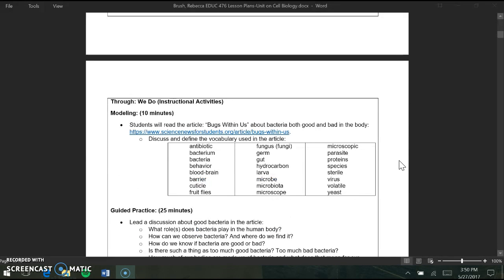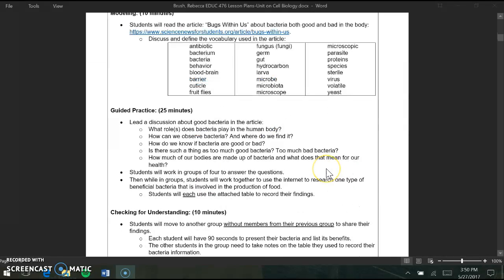Then we moved into the text. First, before we get into the actual practice of it, I want to make sure that we understand the vocabulary that we're going to be using. So we've got this article called "The Bugs Within Us." It's a Science News for Students article, so it's geared towards students, written at their level, but using scientific terms. And because there are scientific terms, I made sure I discussed those.